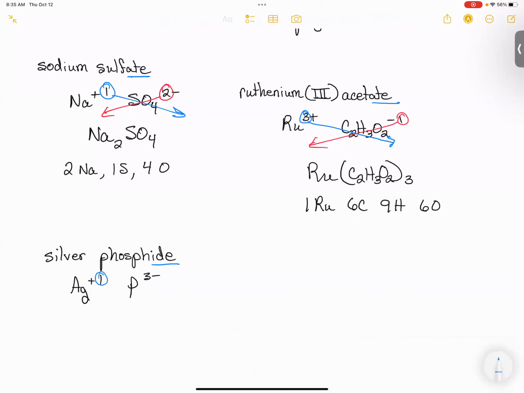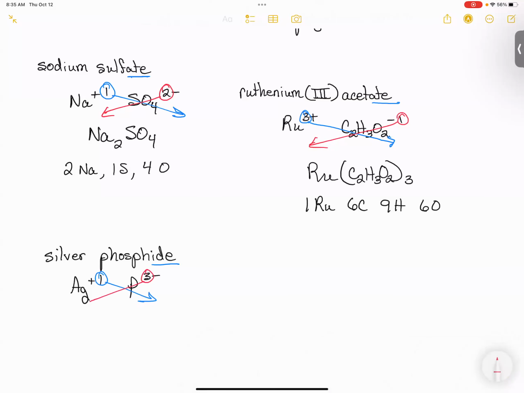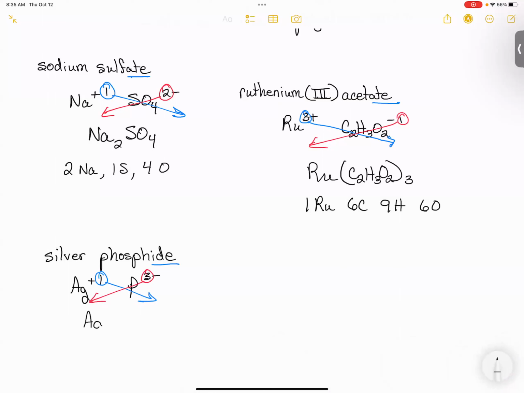So we are going to cross and drop and then simplify. So on our silver, we're placing a 3. On our phosphorus, we're placing just a 1. So the formula for silver phosphide is Ag3P.